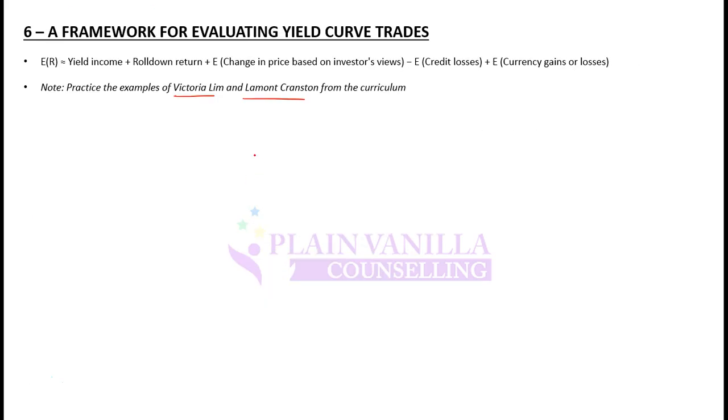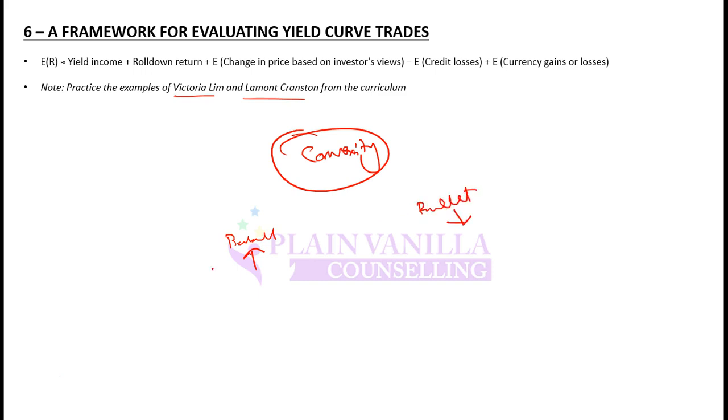Again, summarizing it, the main theme of the whole reading was convexity. There are many other topics as well, but the most important one in the reading was convexity. You know that a barbell portfolio has higher convexity, and a bullet portfolio has lower convexity.